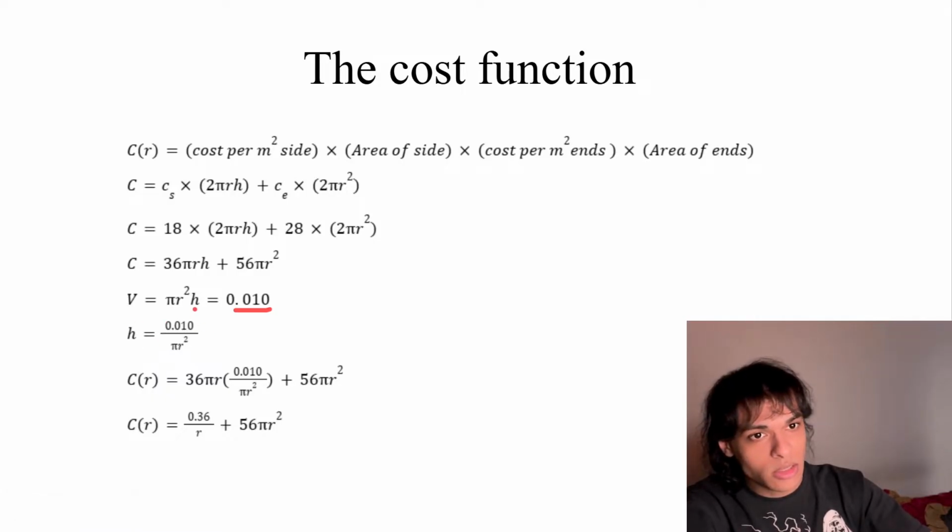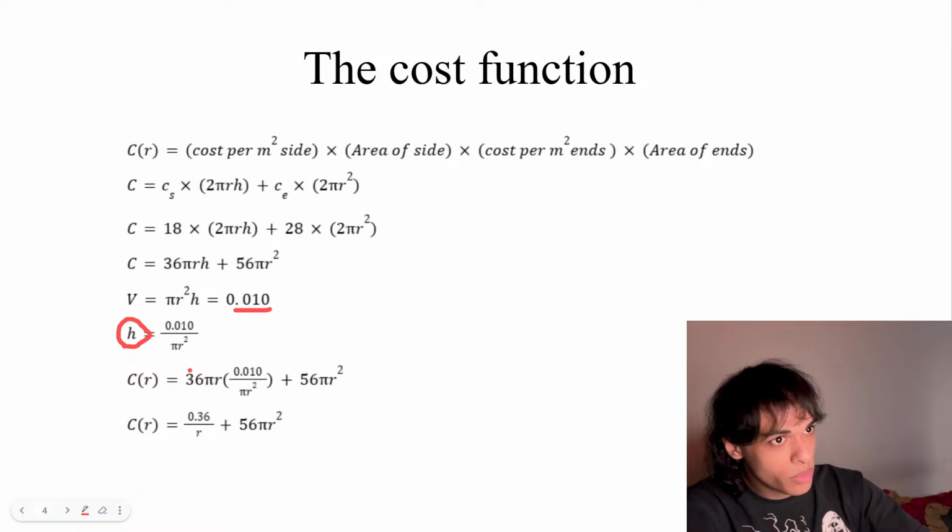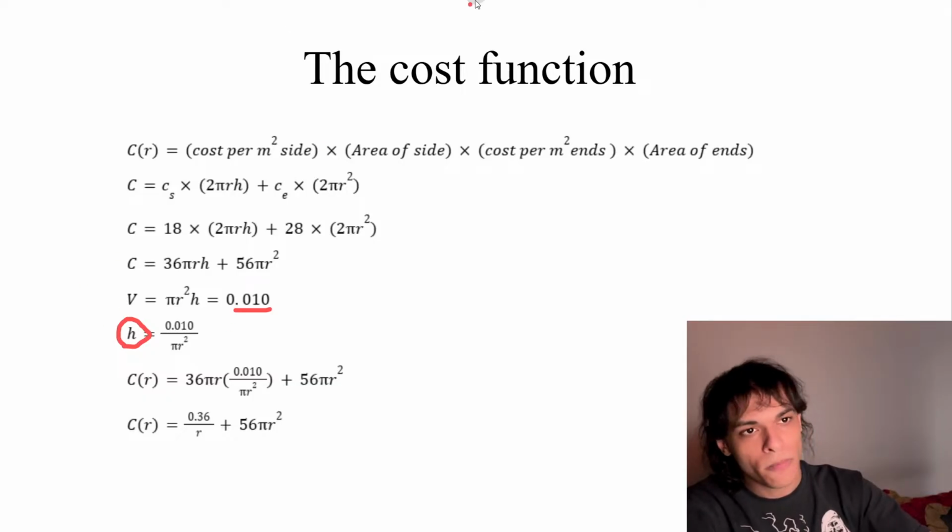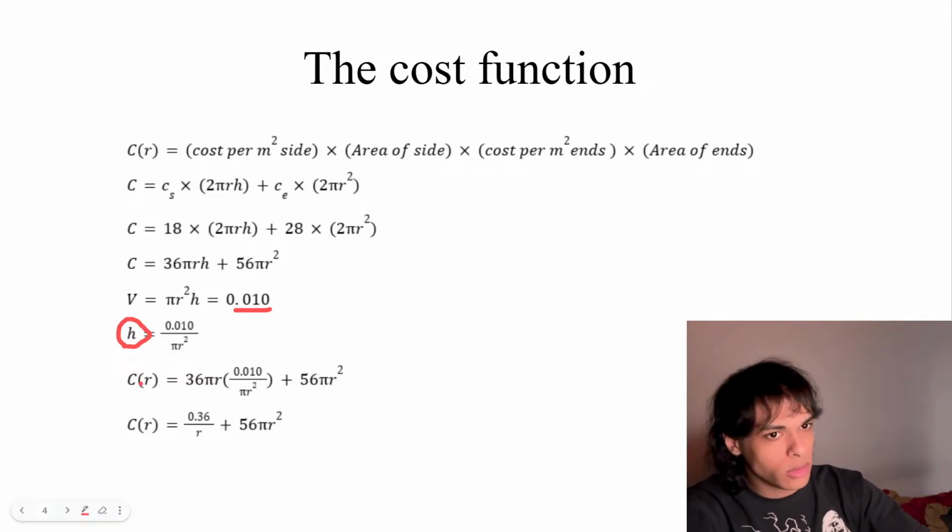Since we are trying to find the height and the radius, we're starting with the height. So we're going to isolate it from the volume formula. Since we know the volume, we can just substitute the volume, and it's going to be over pi r squared, and therefore we can get the height, right?